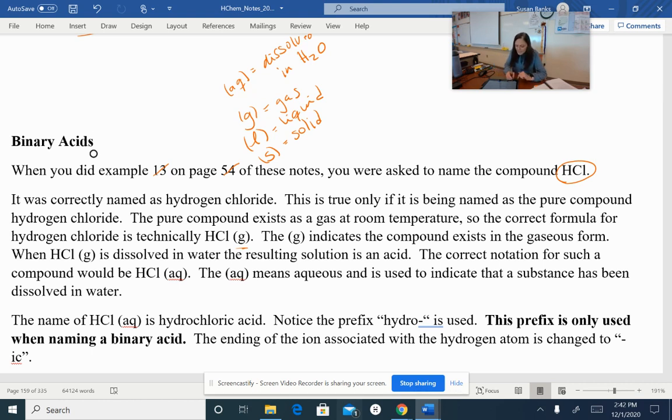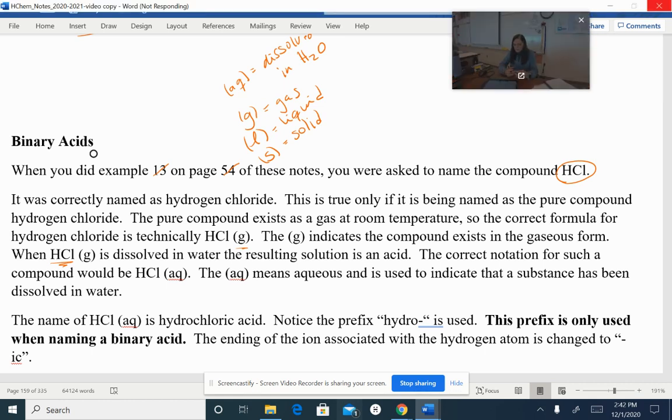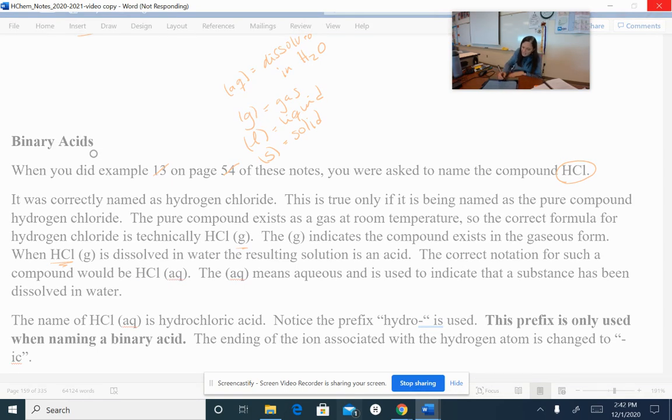So when I take hydrogen chloride gas and I dissolve it in water by bubbling it through water, some of it is left in the water and it creates an acid solution. The correct notation for this would be HCl(aq). That AQ just means that I have dissolved some of the hydrogen chloride into water.